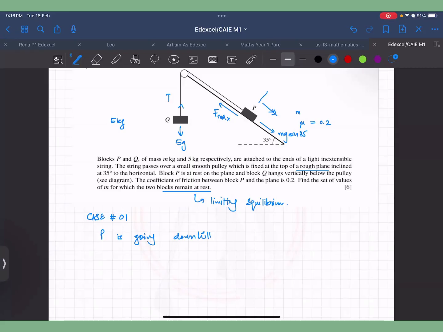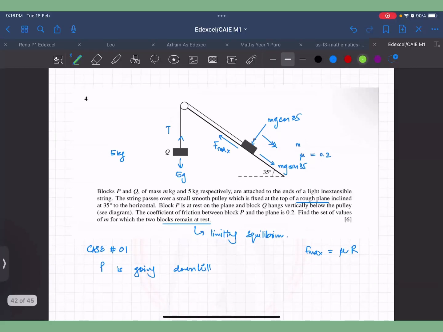The normal component of the weight to the surface would be mg cos 35. F max, we know, would be equal to mu R, and the only force opposing this weight component perpendicular to the plane is the normal contact force.